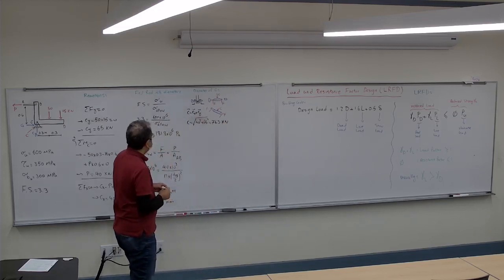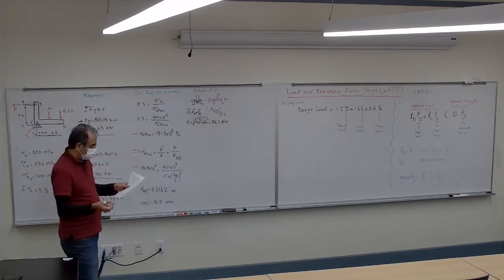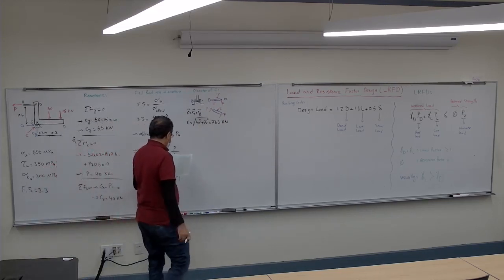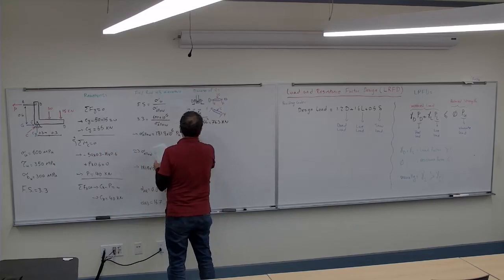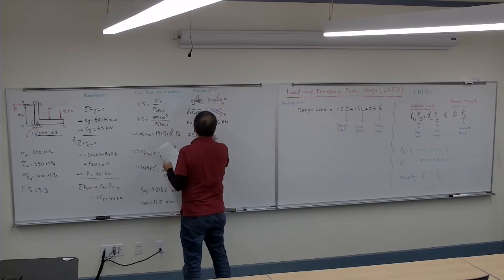So that's the C. And then the same thing as before, but here we use the factor of safety, instead of the sigma, we use the tau ultimate divided by tau allowable.